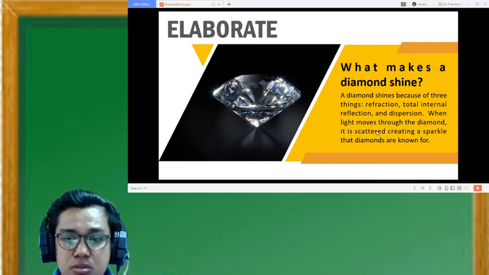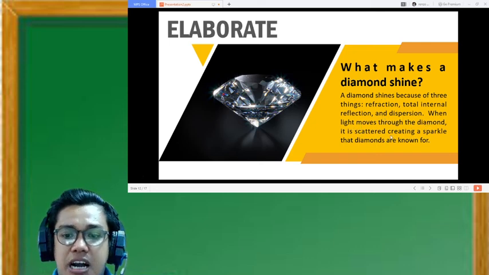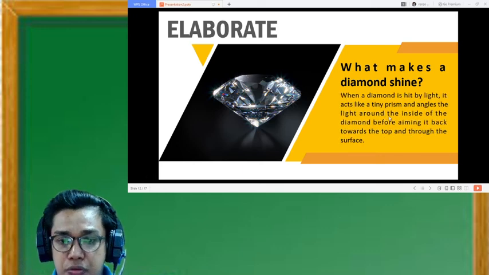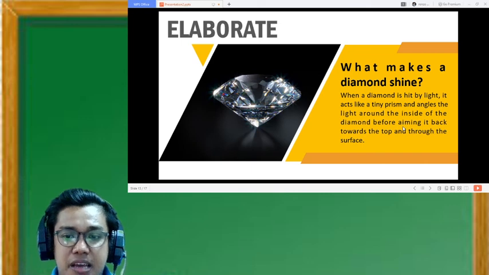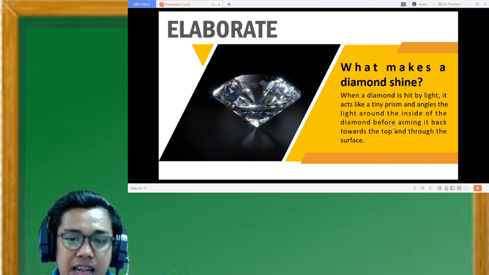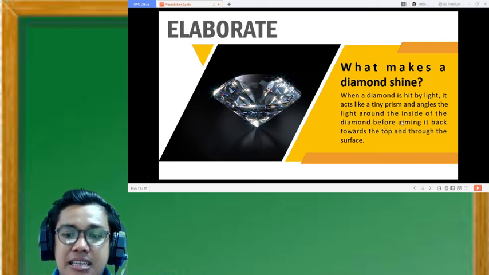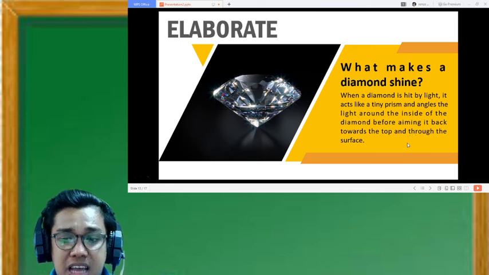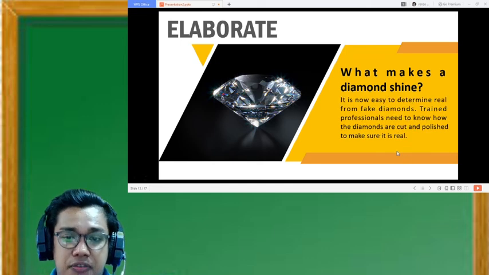When light moves through the diamond, it is scattered, creating the sparkle that diamonds are known for. So, when a diamond is hit by light, it acts like a tiny prism and angles the light around the inside of the diamond before aiming it back towards the top and through the surface.